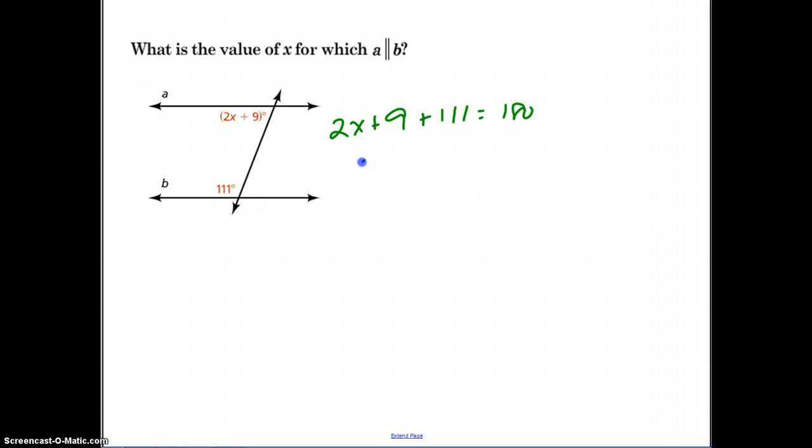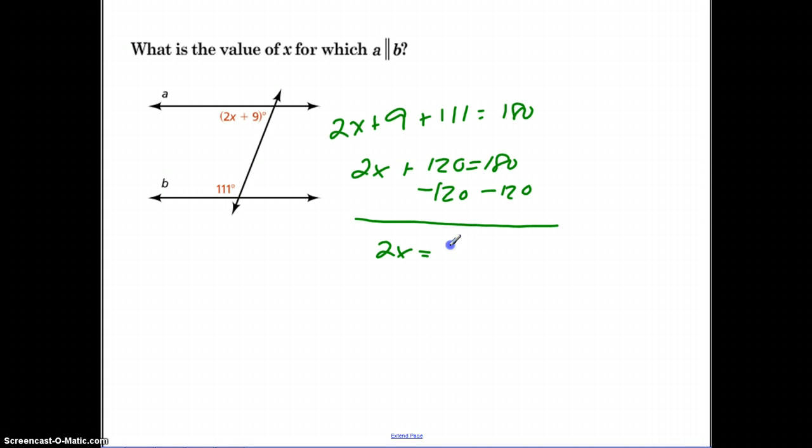So 2x plus 120 equals 180. Now I want to subtract 120 from both sides of my equation, and I get that 2x equals 60. So if I divide by 2, that gives me that x is 30. So if x was 30, that would make my two lines parallel.